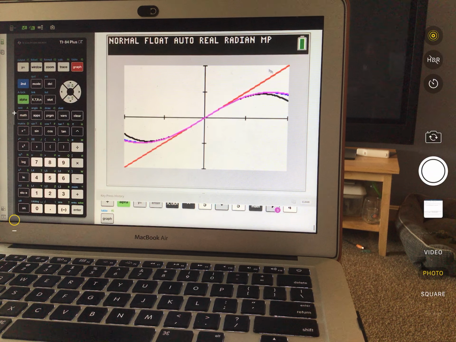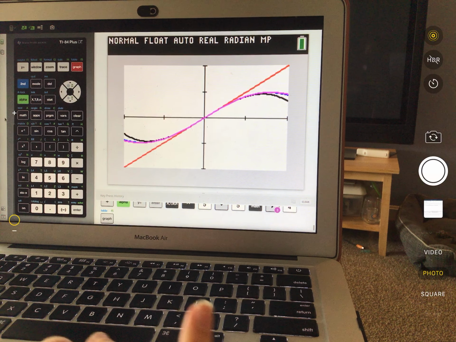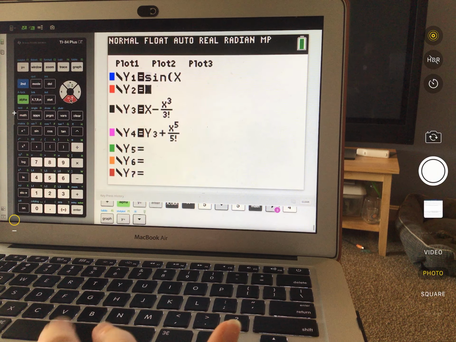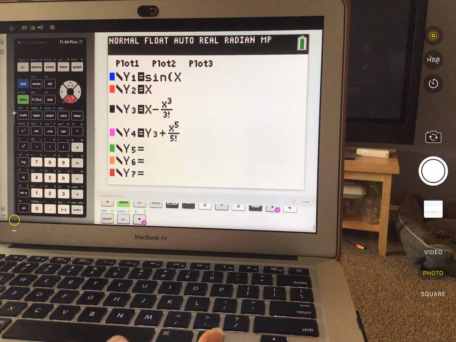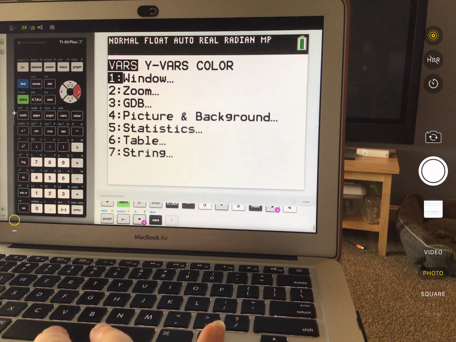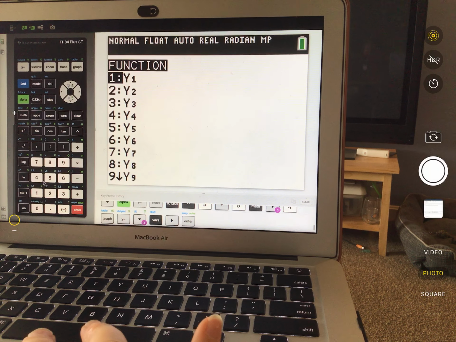Going back to our graph. Oh, look, that curve is even closer now, right? It's almost entirely on top of the blue curve, which is our original sine of x curve.